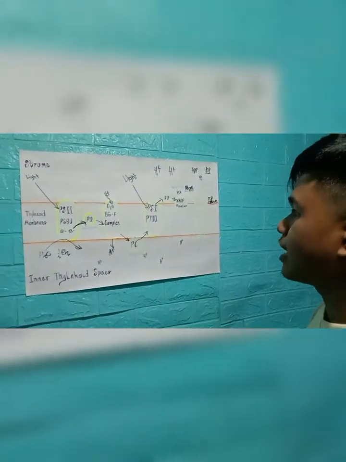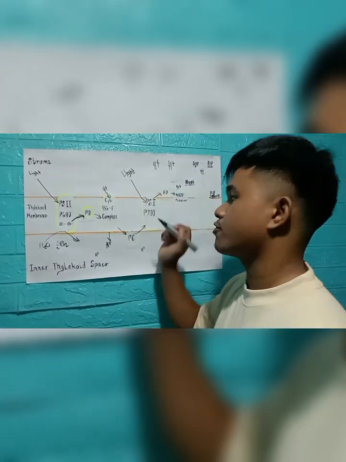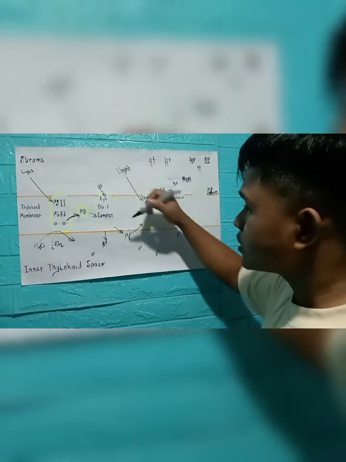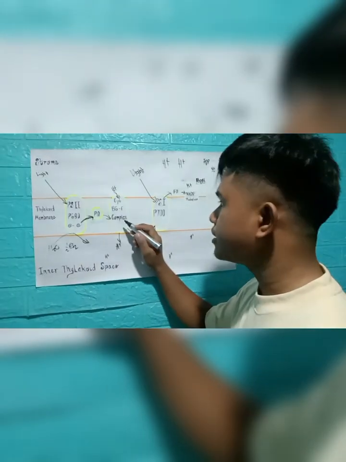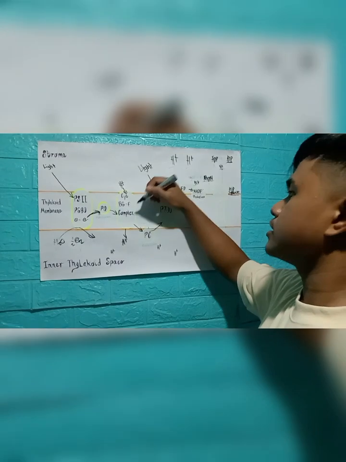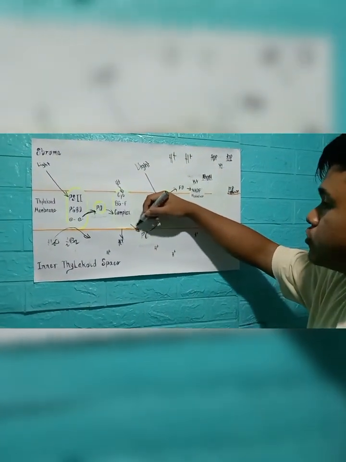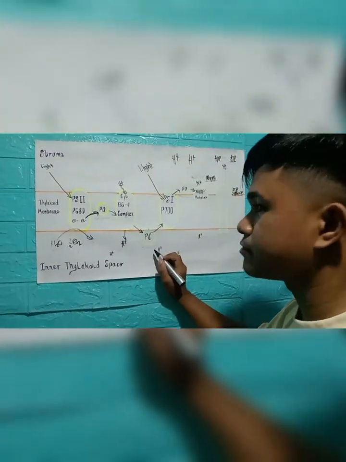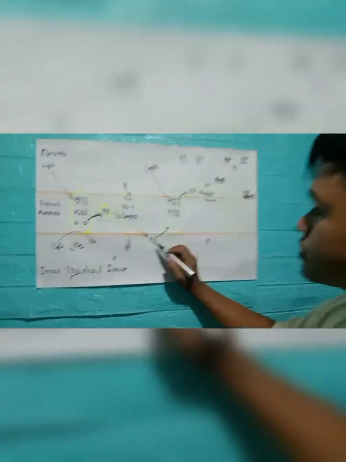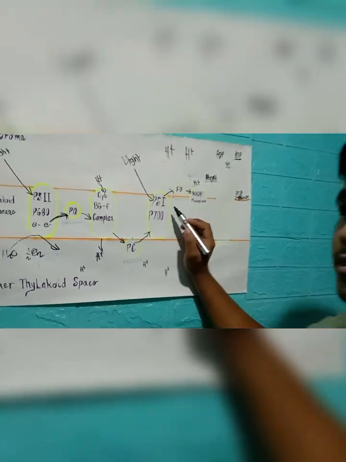We can go back to the electrons inside the cytochrome B6F complex. After that, there is remaining energy in the electrons. They continue to the plastocyanin, and then to photosystem 1.